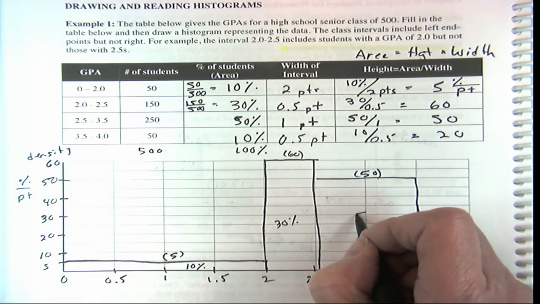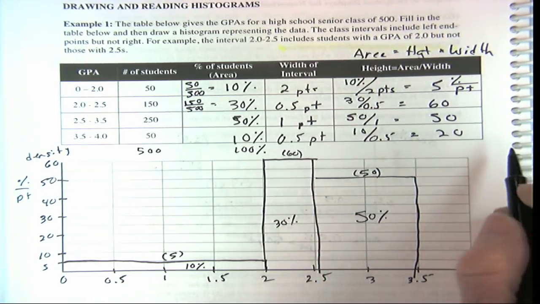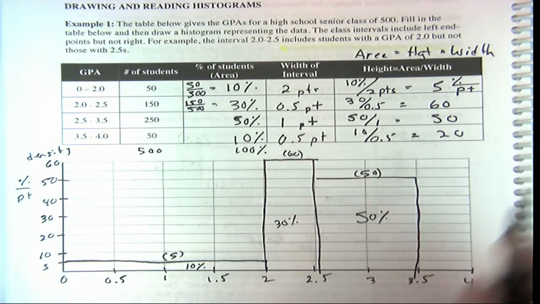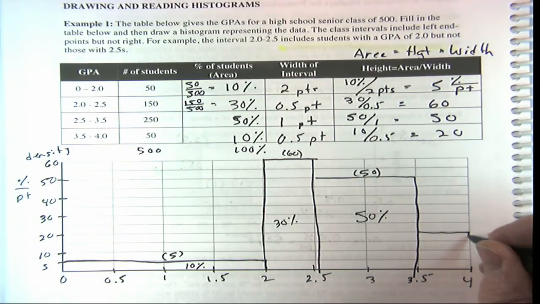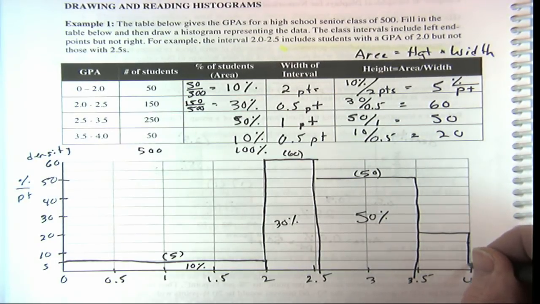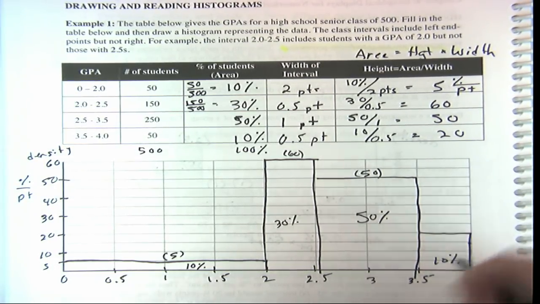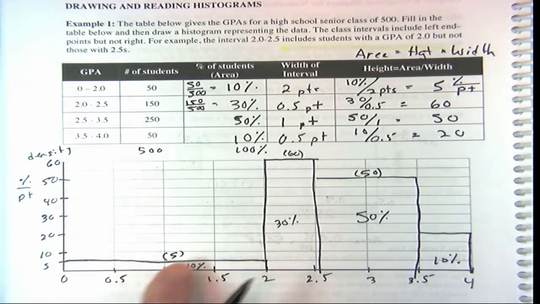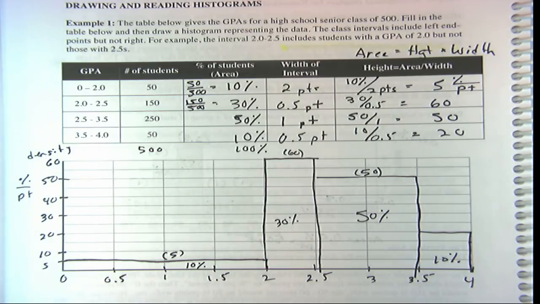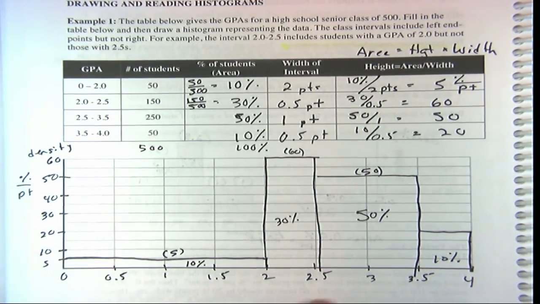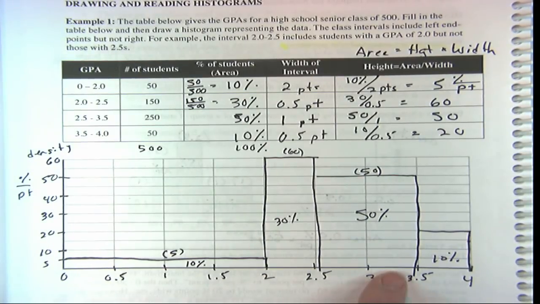And the last one just goes up to 20, and that's 10%. And you can see this has 4 blocks, and this has 4 blocks. They're the same percentage of people. So this interval, 2.5 to 3.5, has the most people.